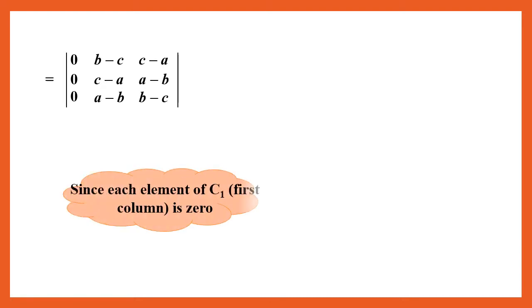Now on simplifying, we get the first element of C1 as 0, second element as 0 and the third element as 0. Now we can see that all the elements of C1 are 0. So on multiplying with 0, the entire determinant will be equal to 0.